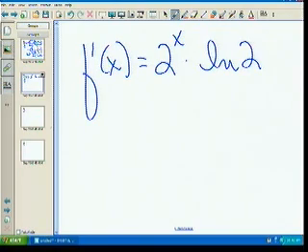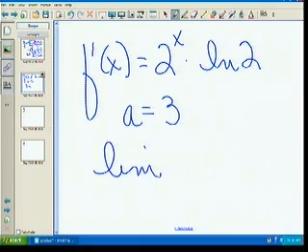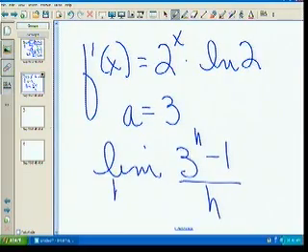It ends up being a to the x. Well, a is 2, so it's 2 to the x times this decimal stuff, which turned out to be the natural log of 2. What happens when a is 3? Well, we need the limit of 3 to the h minus 1 all over h as h approaches 0.